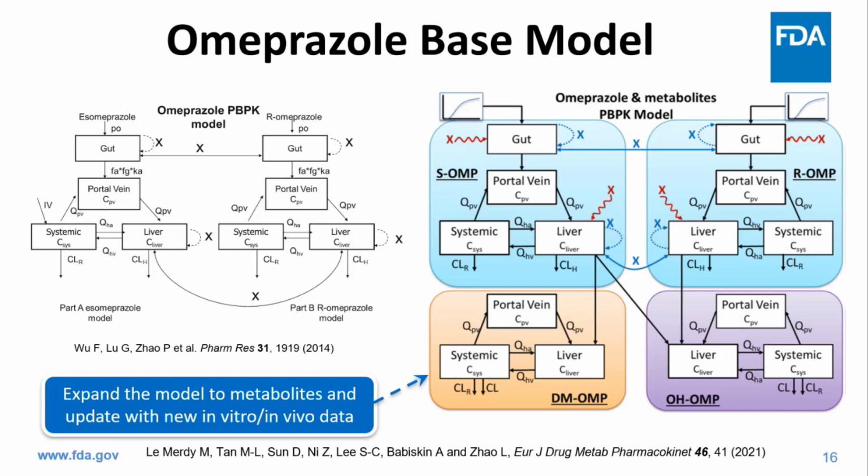The blue X symbols show auto or mutual inhibition between both omeprazole enantiomers, while red X symbols show the inhibition of both metabolites on S and R omeprazole enantiomers in the gut and the liver, where time-dependent inhibition of CYP2C19 and CYP3A4 enzymes occurs. As you may see, the inhibition mechanism is complex.